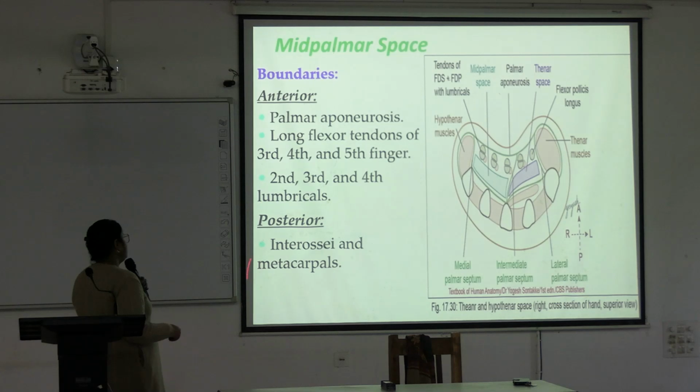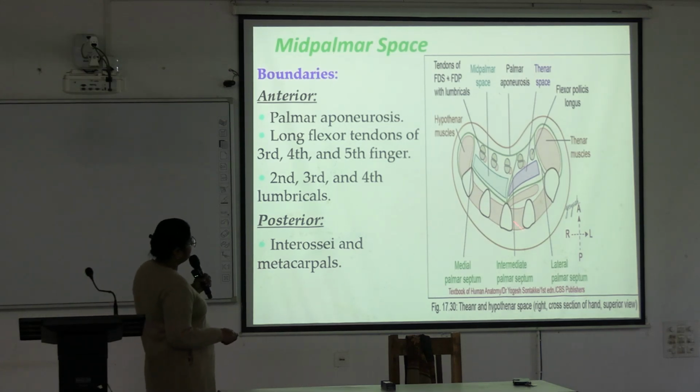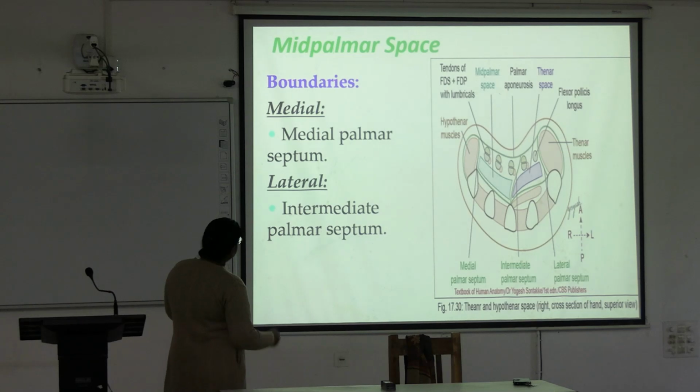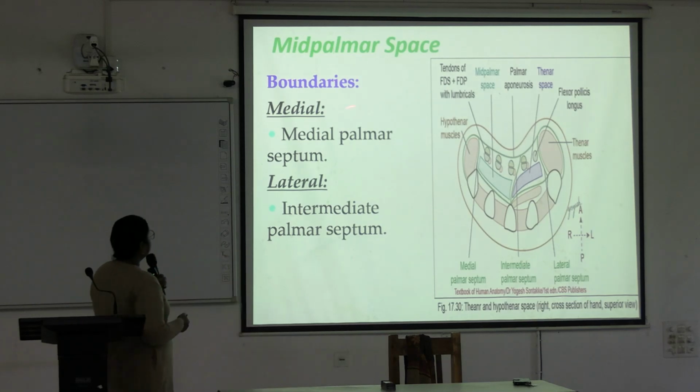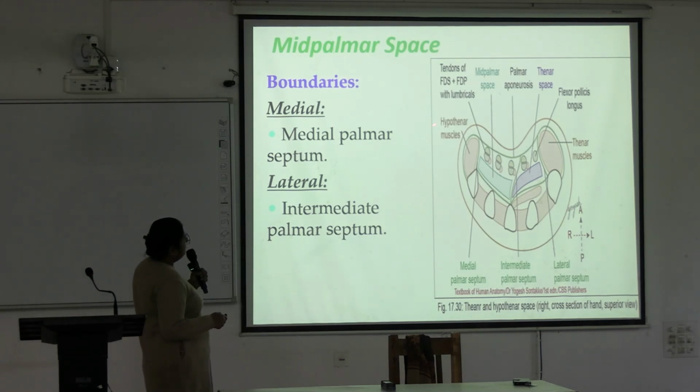Posteriorly lie the interossei and the metacarpals. These are the metacarpal bones. In between the metacarpals, these are the interossei, palmar and dorsal interossei. Next, we are going to the medial boundary. The medial boundary is formed by the medial septum.